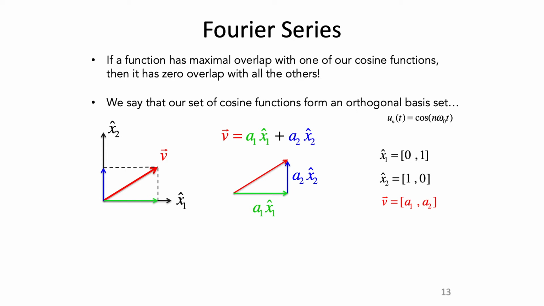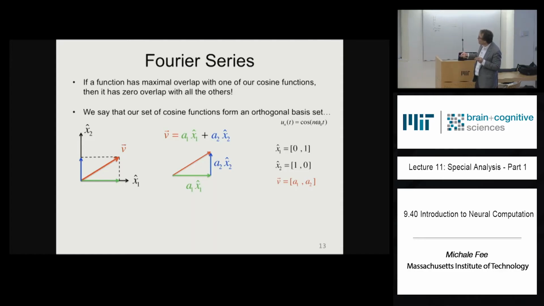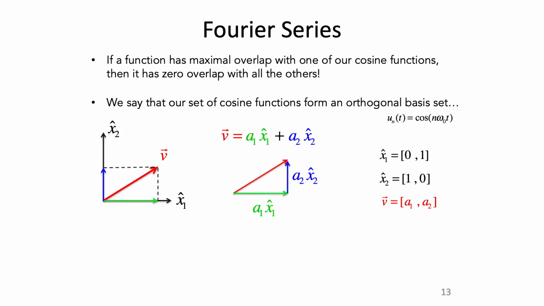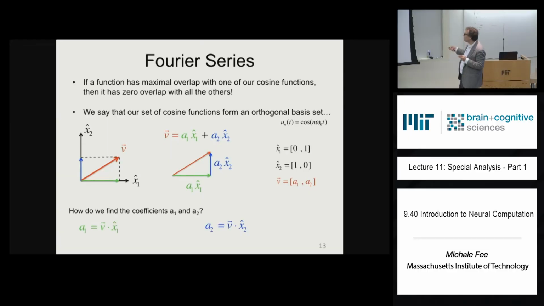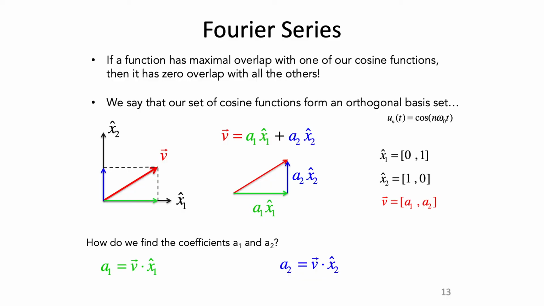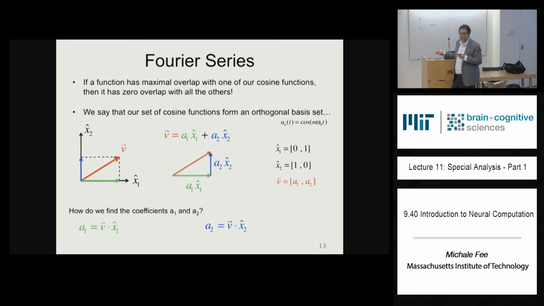Okay, so for example, in the simple standard basis where this vector is 0, 1 and that vector is 1, 0, you can write down an arbitrary vector as a coefficient times this plus another coefficient times that. Does that make sense? Okay, and how do we find those coefficients? We just take our vector and dot it onto each one of these basis vectors, x1, x2. Does that make sense? Okay.